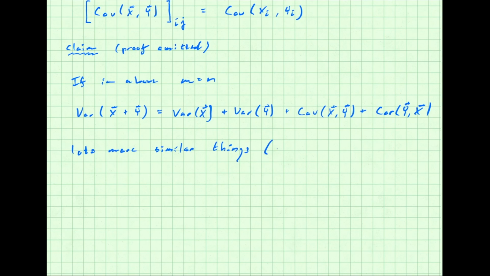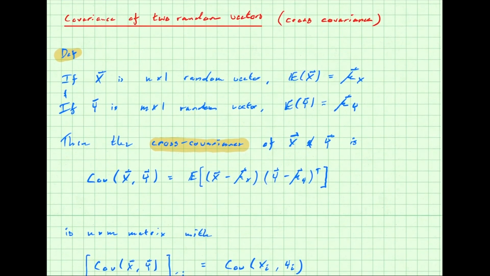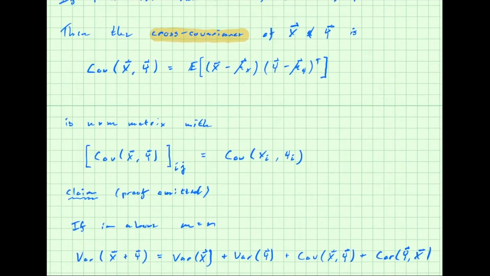For example, a very obvious thing that you might want to introduce, and I won't introduce it, but I'll just describe it crudely. Remember, the cross-covariance is some measure of how dependent X and Y are, but it's a pretty flawed measure because it depends on the units of X and Y. If you change the units of X or the units of Y, you'll change this thing, just like you would for the covariance of two random variables.